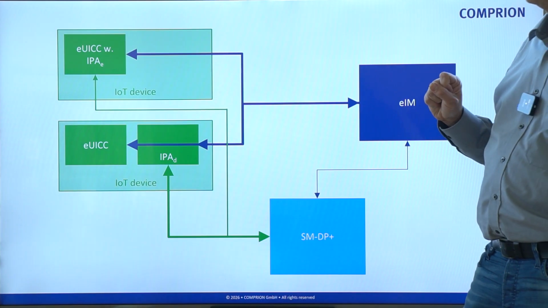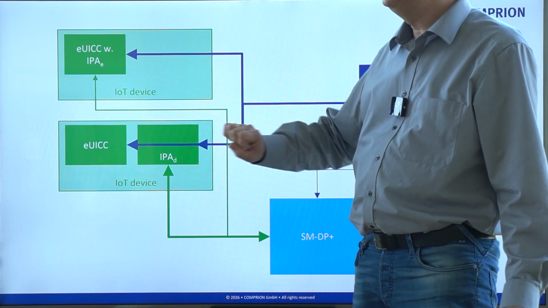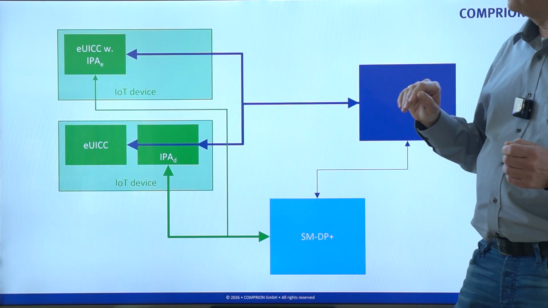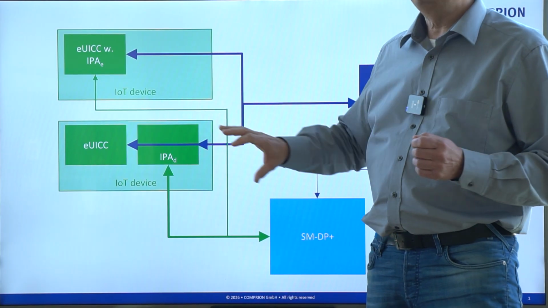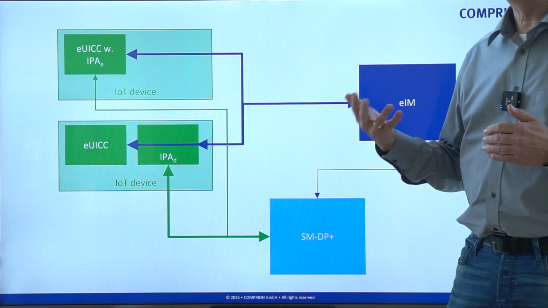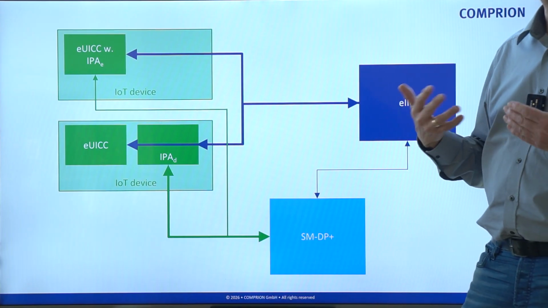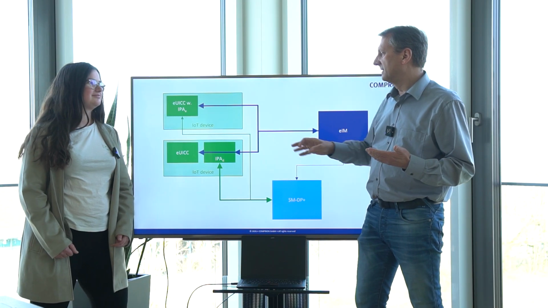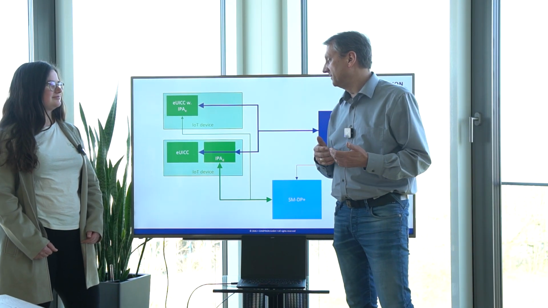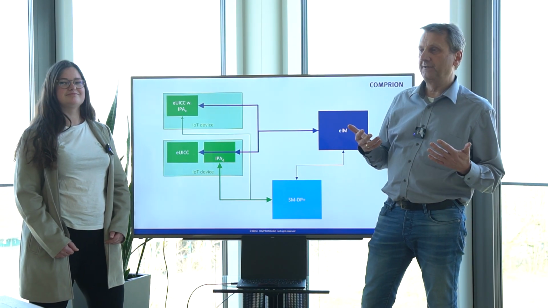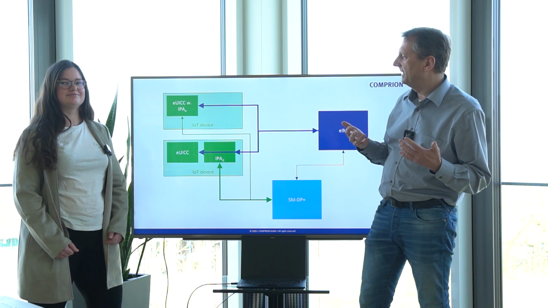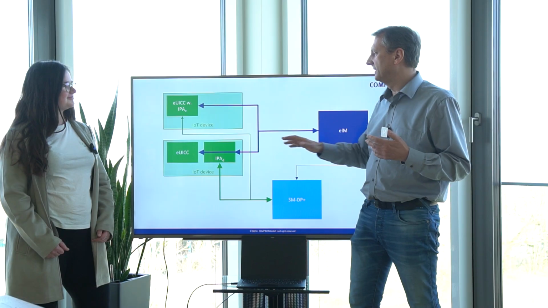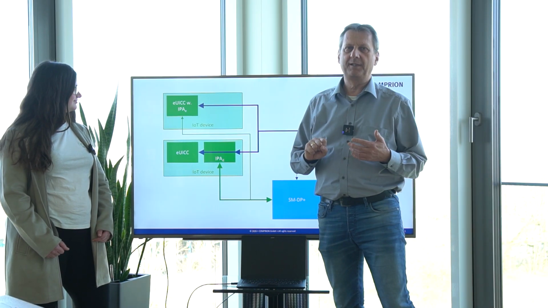The challenge here is that the technical specification of the IPA-D allows so many different flavors and variants that it is unclear what fraction of devices with an IPA-D coming to market can really be tested, fulfilling the requirements of the test specification. Means some devices may not be applicable for testing, and that is also causing challenges for test tool vendors to think about whether there is a business case to deliver a test tool if it can only be applied to a fraction of the devices coming to market.